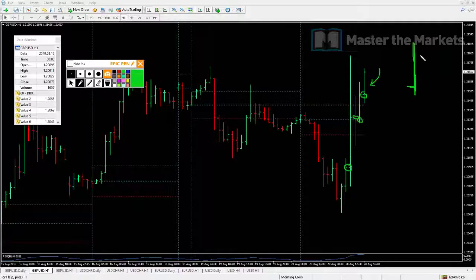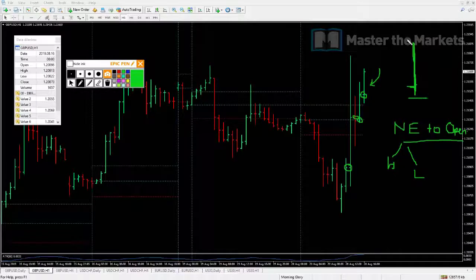The vertical bar. Right, now the stretch is basically, by definition, you can write this down. The stretch is basically the nearest extreme to the open. The nearest extreme to the open. That's what the stretch is about. All right. So you guys tell me. The nearest extreme can only be the high or the low. Okay.